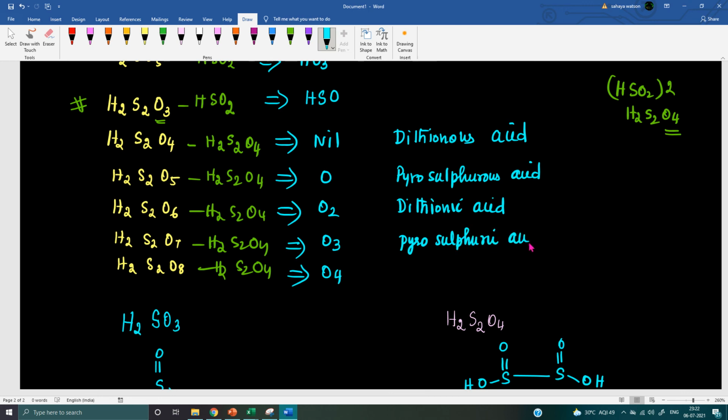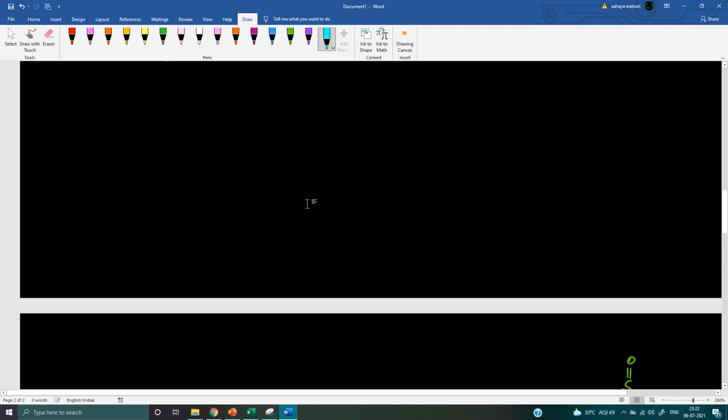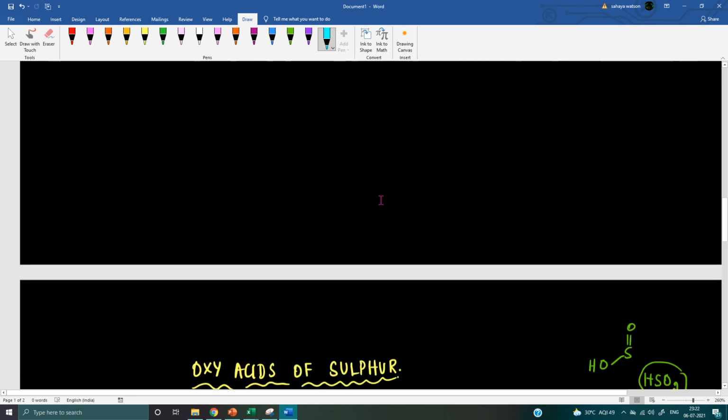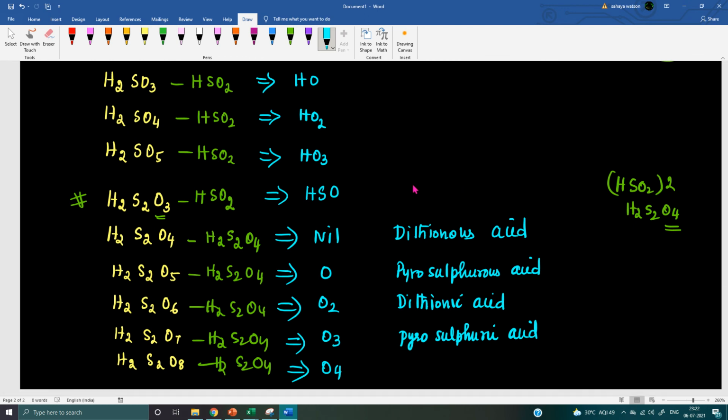Pyrosulfuric acid. The next clue is H2S2O3, thiosulfuric acid. This one is thiosulfuric acid.